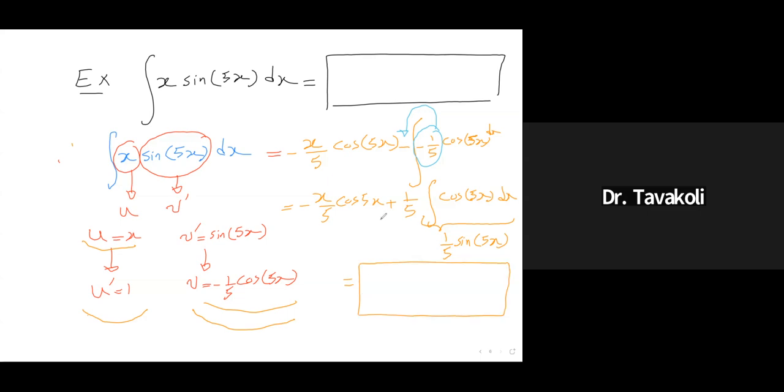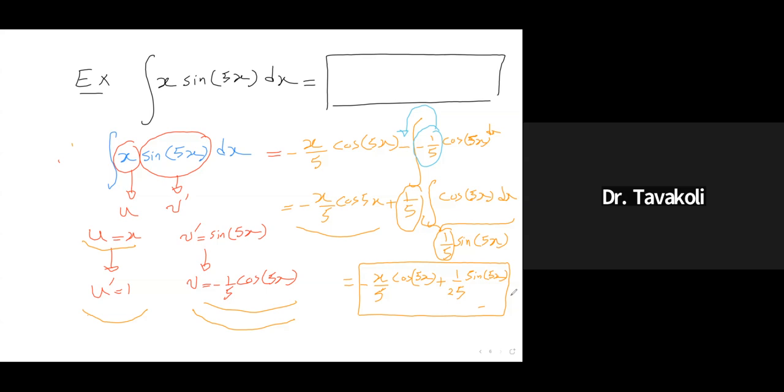So the first term is here, minus x over 5 cosine of 5x. A 1/5 times 1/5 is what? 1 over 25, right? Times sine of 5x. And don't forget plus c at the end.